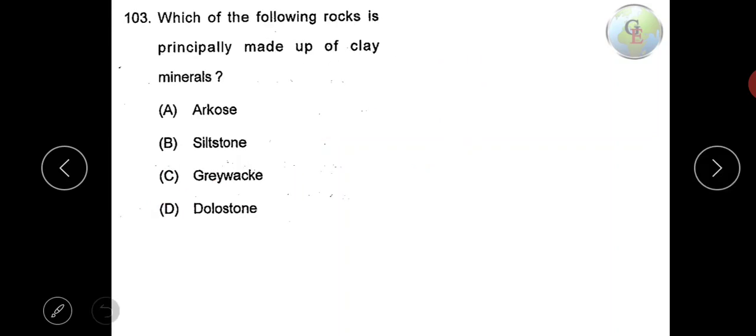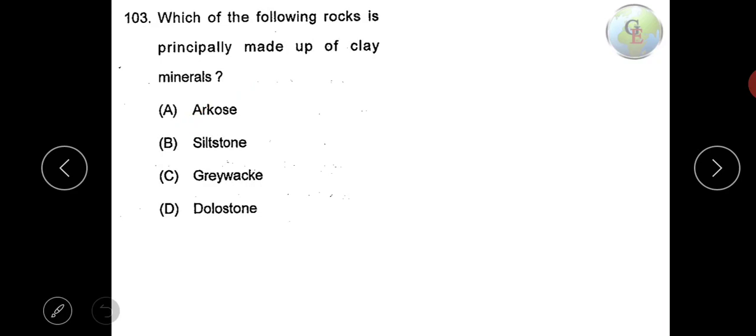Next question. Which of the following rocks is principally made up of clay minerals? Option 1, arkose; option 2, siltstone; option 3, greywacke; option D, dolostone. As we know, arkose is a type of sandstone.